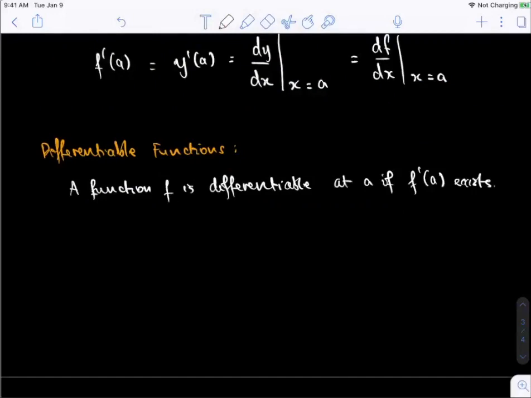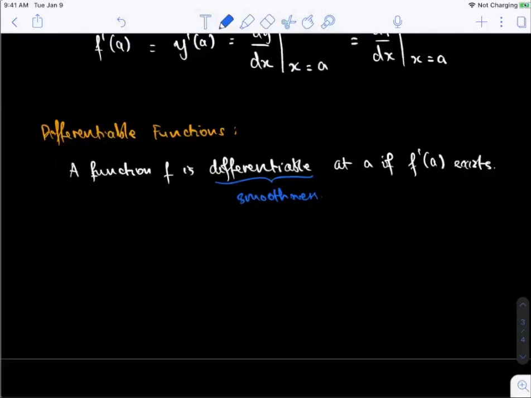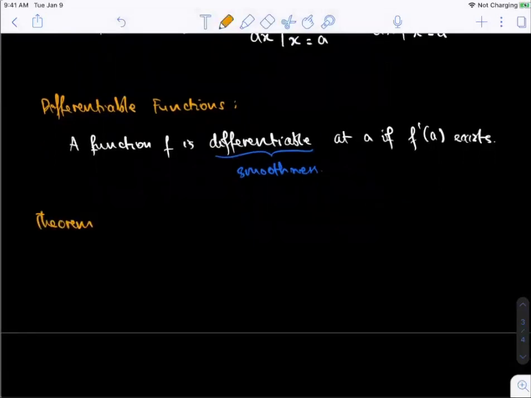When I say differentiable, I mean you look at the smoothness of the function. It could be continuous, but it may not be differentiable. That's the definition of a differentiable function. Theorem: differentiability implies continuity.